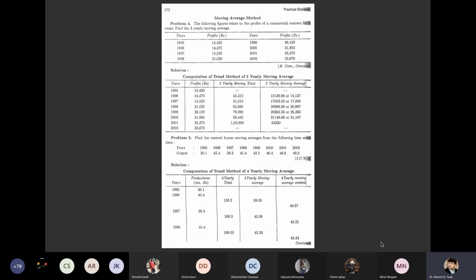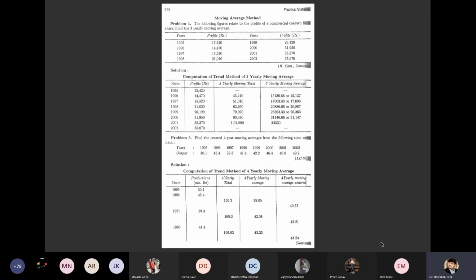Now, make a bunch of 4. While making a bunch of 4: 1995, 96, 97, and 98. The outputs are 30.1, 45.4, 39.3, and 41.4. Make a sum of these 4. What is the sum? 156.2.